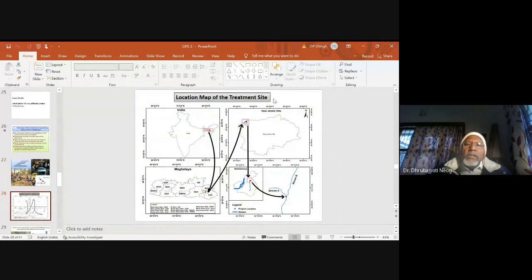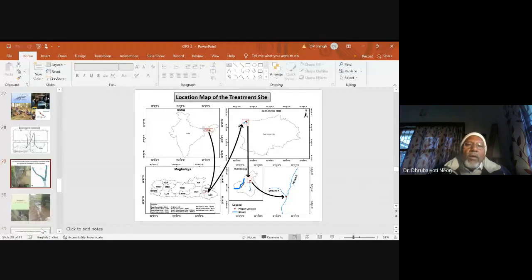So it was situated in Jaintia Hills, and this is the location of the project site. And here we chose two streams. In Jaintia Hills, stream A and stream B we have named, and both they joined and then formed another stream, and from here people used to take the water. So first we selected the streams where very few mine pits were present.